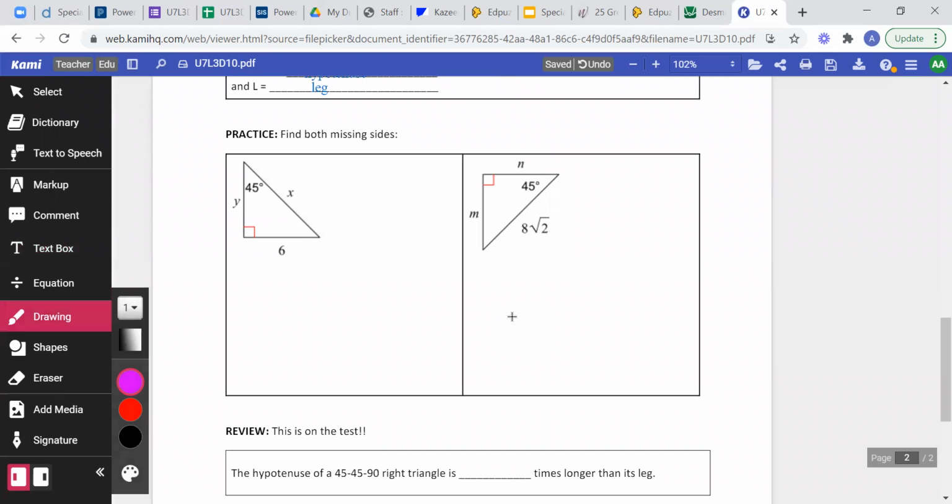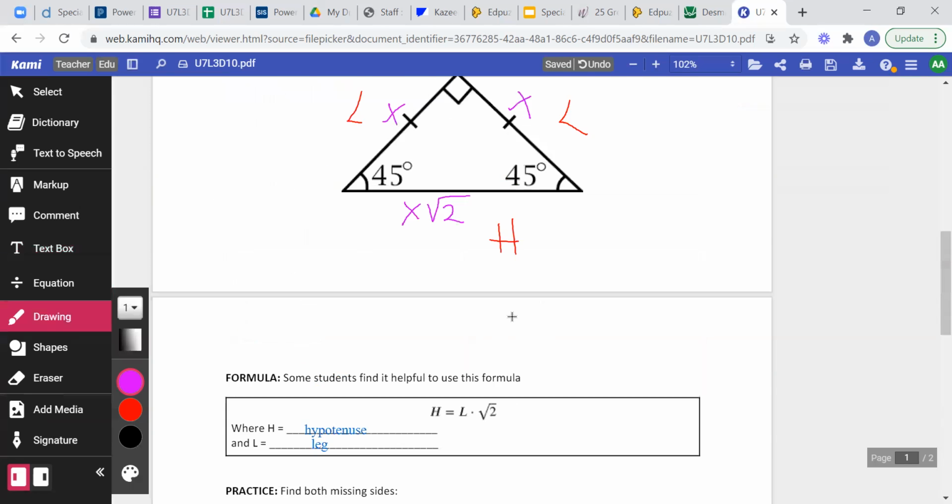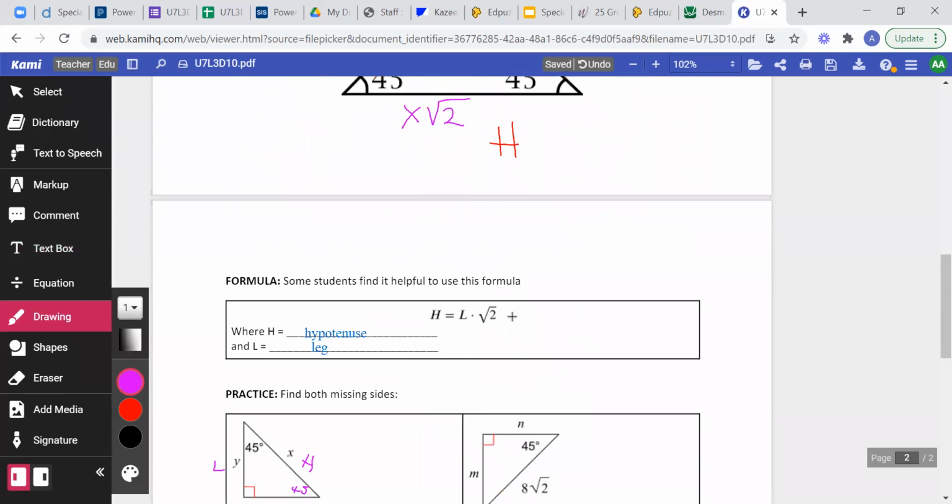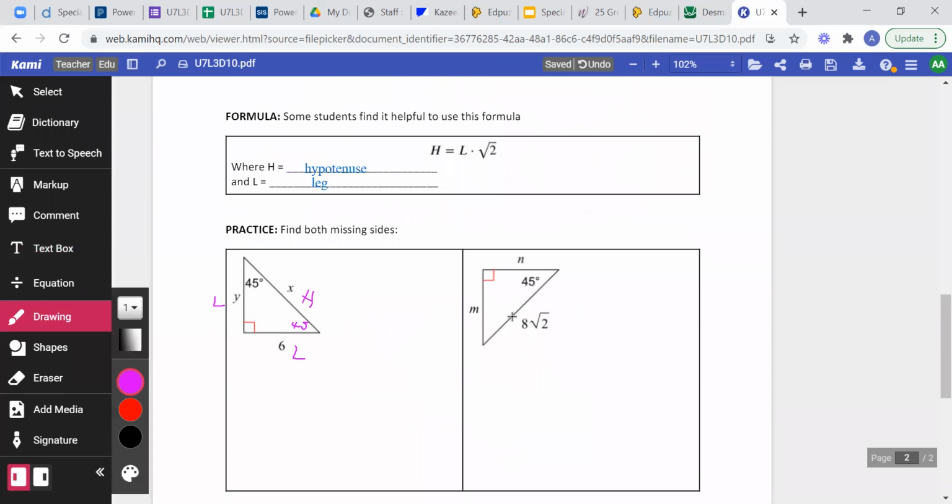As you can see here, since we have a 45 angle up here, the other angle has to be 45, because one is already 90, okay? Then this is a leg, this is h. And we know from our statement here, in a 45, 45, 90 triangle, both legs are congruent. So if you know one leg, you should be able to know the other leg.